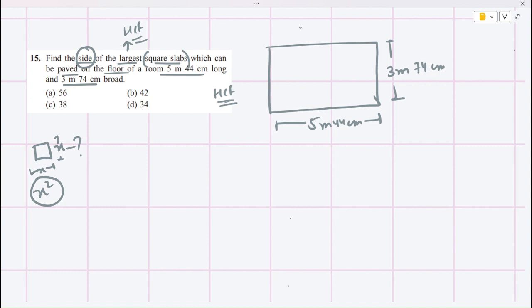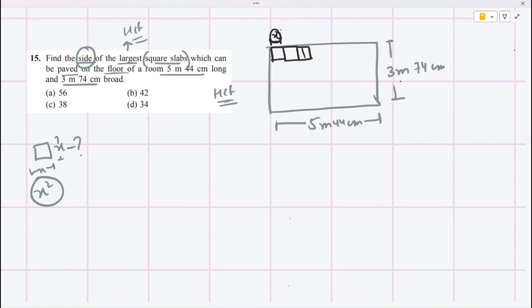So suppose this is the floor that we have, and now we can draw squares in such a way. तो ये जो square की side है, for example अगर ये x है, तो this means that this 5 meter 44 centimeter thing should be completely divisible by x, right? हम इसको आधा तो कट नहीं कर सकते obviously. हमें पूरे tiles को लगाना होगा इन glass slabs को, which means that this particular number should be completely divisible by the x, जो कि हमारी side होगी एक square slab की.